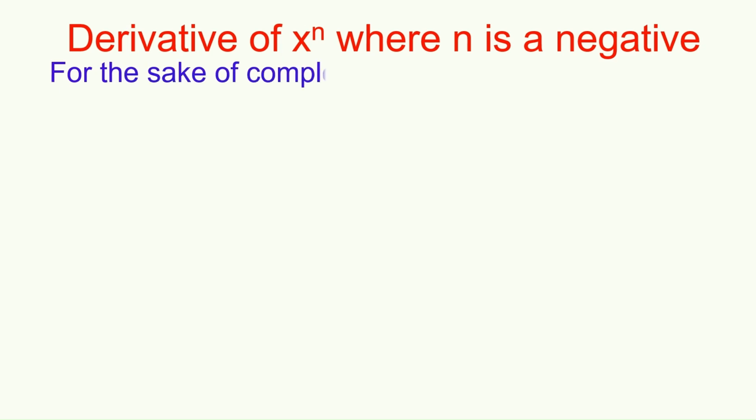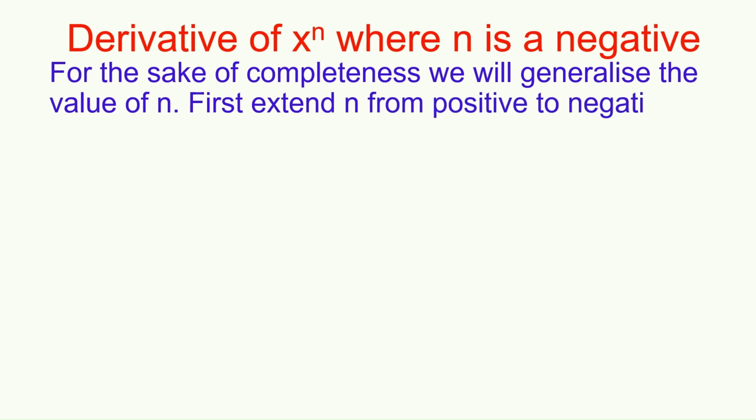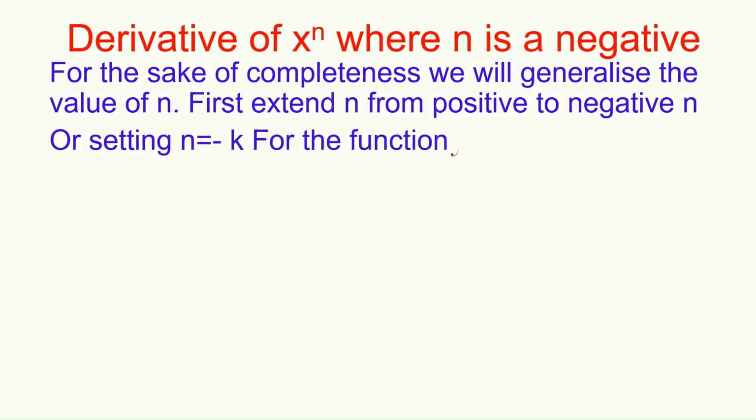Derivative of x to the power of n, where n is negative. For the sake of completeness, we will generalize the value of n. First extend n from positive to negative, setting n equals minus k.